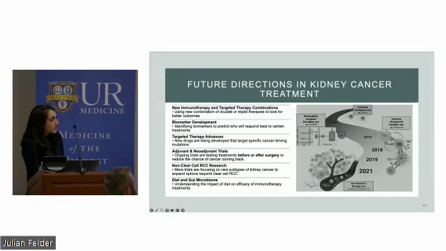So when we think about the treatment and future directions of treatment in kidney cancer, unfortunately, there aren't a whole lot of newer targets. I'll go into one of the newer ones in a later slide. We're also trying to come up with better blood tests and biomarkers to predict how well patients will respond to treatment.